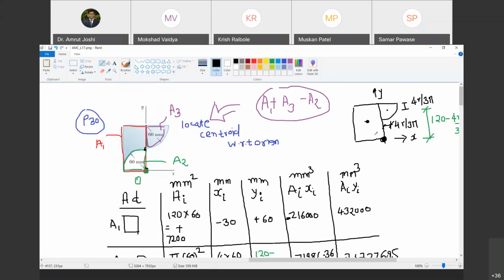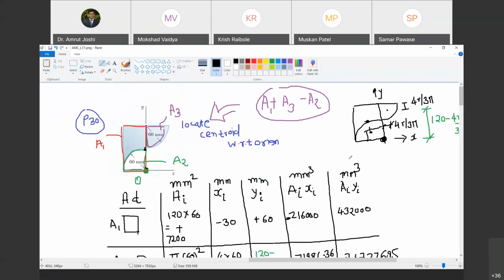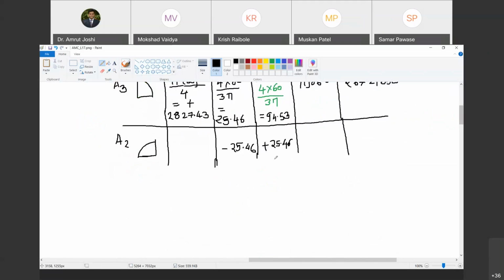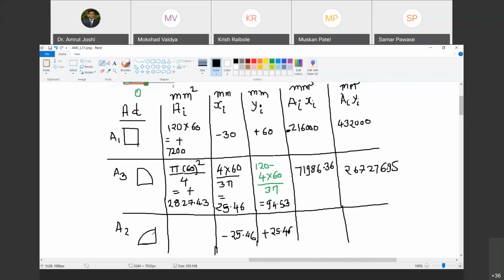Because this is located like this. This distance is 4r by 3 pi, and this distance is also 4r by 3 pi. So both distances are 25.46, but the x distance is negative because with reference to the origin we have to move towards the negative x direction, and the y distance is positive. So I hope there is no issue here.